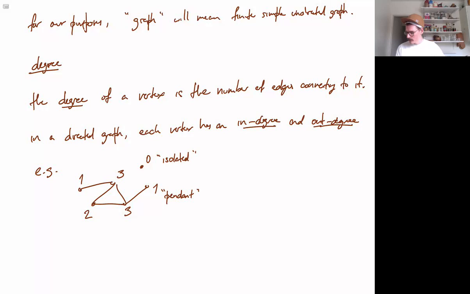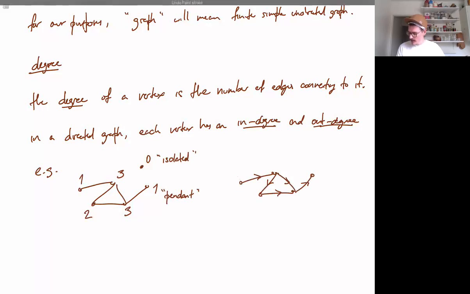Maybe let's even draw the same graph and give some directions to the edges. Now we can talk about the in degree and out degree of each vertex. Starting from over here, there are no edges leading into this vertex, so the in degree is 0. There is one edge leading out of this vertex, so the out degree is 1.